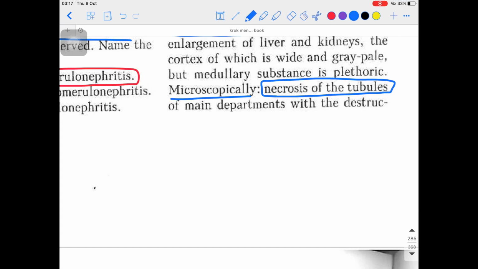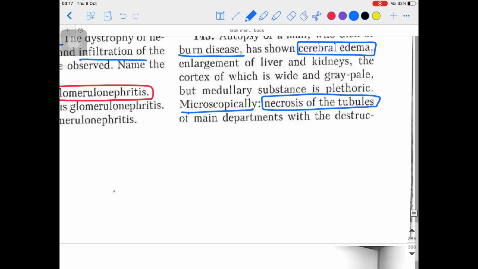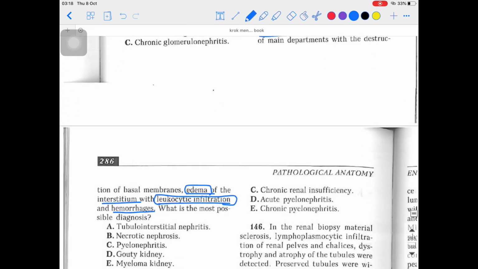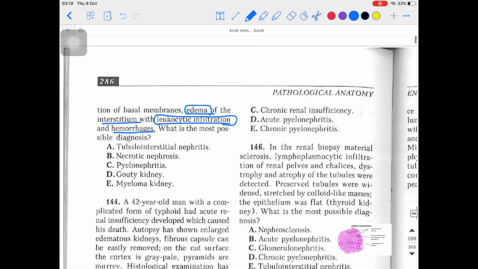If there is necrosis of the tubules, it means the tubules are not having a great time inside the kidney, isn't it? So what is this case? Necrosis of the tubules, tubular necrosis, acute tubular necrosis, ATN. In the Krok language, or in this outdated, I will say, standard textbook, they call that necrotic nephrosis, but that is acute tubular necrosis.